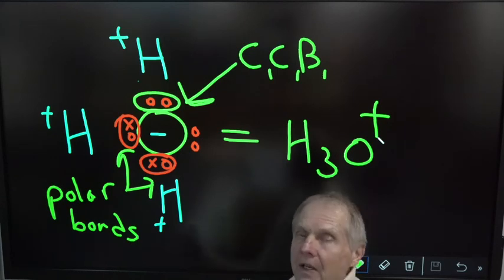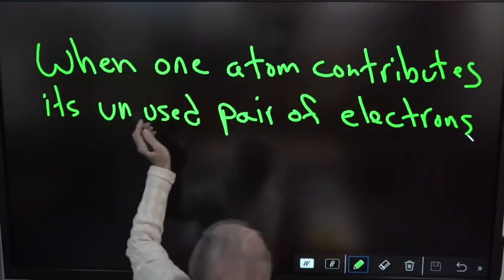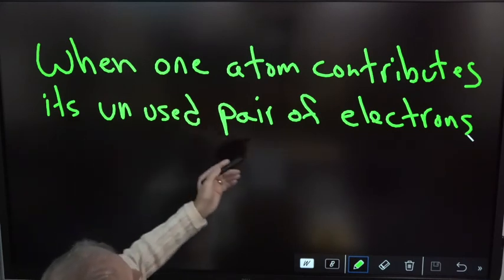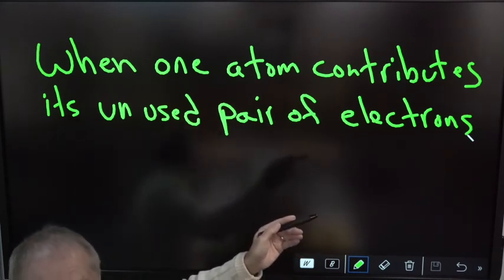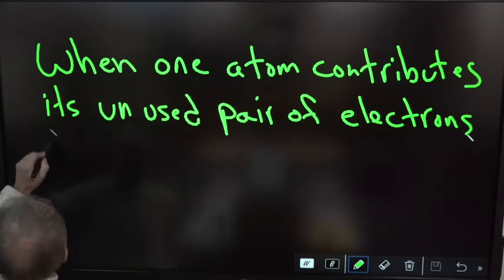So, now here's the definition of a coordinate covalent bond. When one atom contributes or shares its unused pair of electrons to another atom.